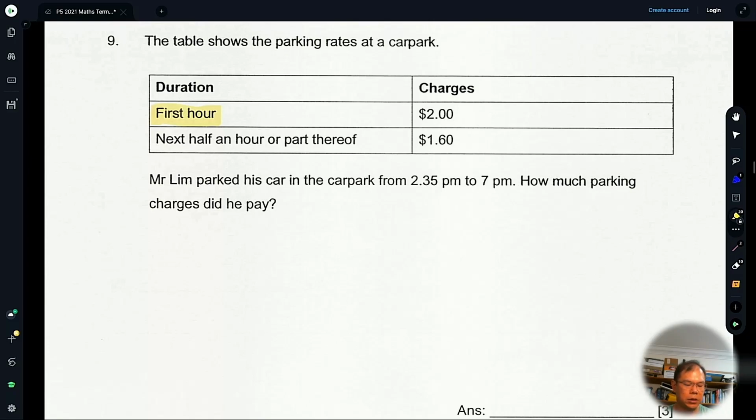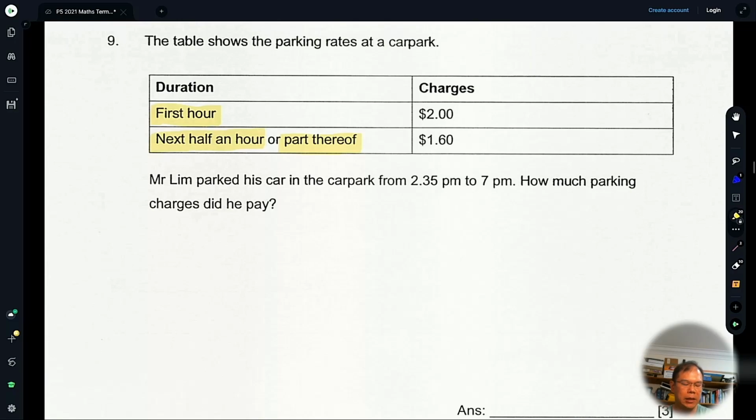charged $2. Now, after the first hour, next half an hour and part thereof. So a lot of you get confused what is part thereof. Part thereof just means they charge you based on a block of 30 minutes. So if you park there for 1 hour and 1 minute, you'll still be charged according to first hour plus another half hour.